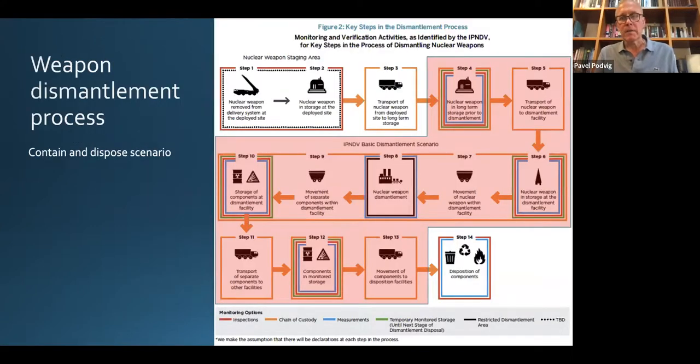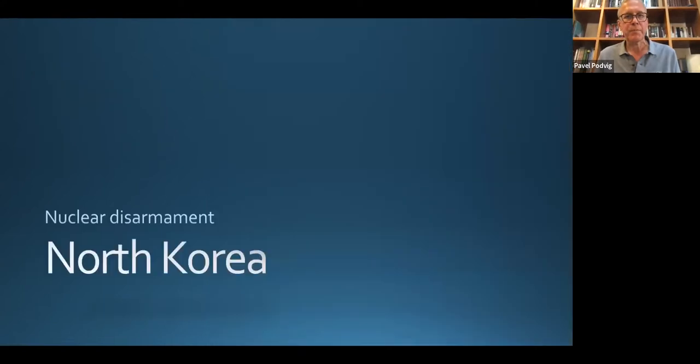So this whole 14-step diagram becomes very simple, because everything in this red area, you don't want to look into. You only want to make sure that things are coming in, and that things are coming out, and you account for what is coming out.